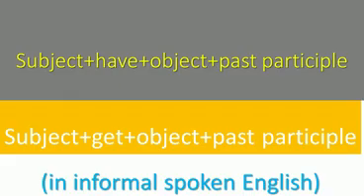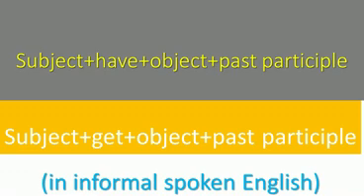First structure: subject, have, object, past participle. Subject, have, object, past participle. I think you are familiar with past participle. Past participle is the third part of the verb. For example, drink, drank, drunk. Drunk is the past participle of drink.